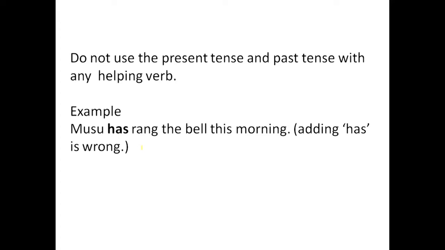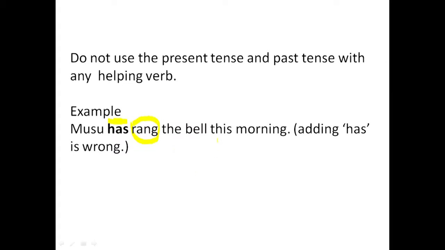It's totally wrong. Actually, rang is a past tense, so using has with rang is completely wrong. Even if we say Musa has rung the bell this morning, but we use the wrong spelling, R-U-N-G, what will happen? The tense will be wrong.